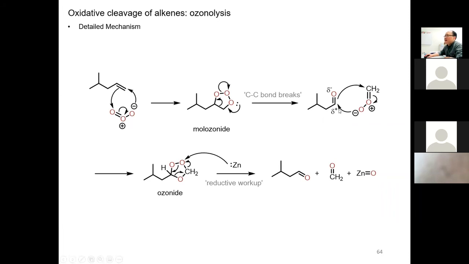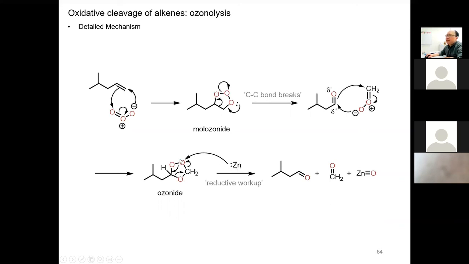We now have a polarized CO double bond, which is partially positive here, and an oxygen bearing a negative charge that will attack here, and this bond breaks to attack the oxygen. It's also a concerted 3 arrows happening together to generate this ozonide, which has the 3 oxygens rearranged at different positions.